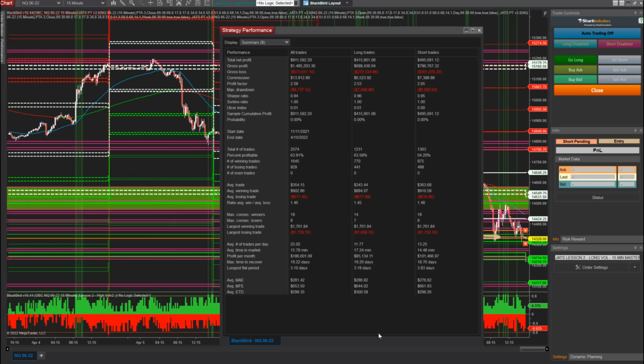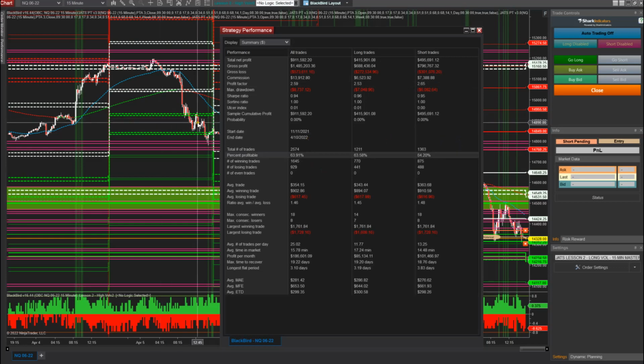The back test results are for a cumulative date for this 150 days that I've got: $911,202.59, percent profitable 63.91. Let's put this down just for the last couple of weeks.